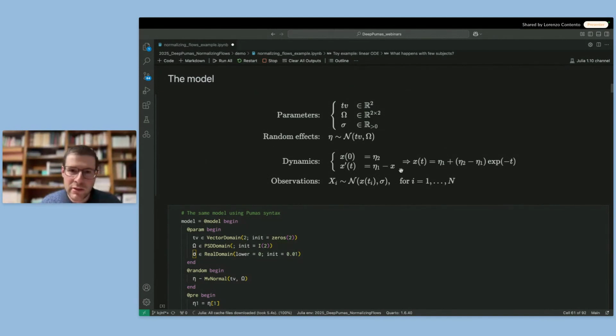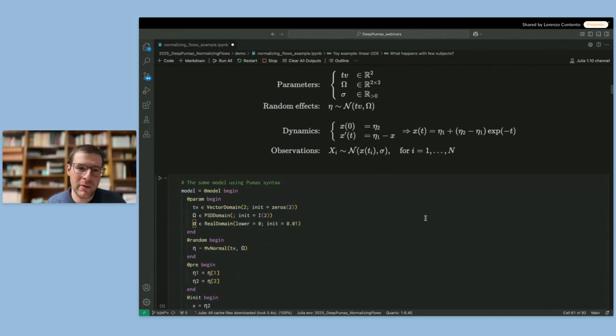This is linear, so the solution can be written in closed form. And essentially, this is a profile that starts at eta 2 at time 0. And then as time goes to infinity, it will converge exponentially towards eta 1. And this could be either from above or from below, depending on whether eta 1 is above or below eta 2. So very simple model.